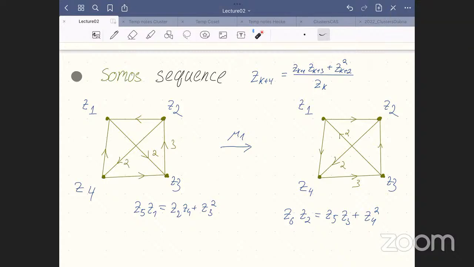Excuse me, I didn't get how to write numbers like 2, 3. The 2 is the valence of the edge. So it means that B13 here is equal to 2. Remember, we had a quiver, but there could be multiple edges between 2 vertices.